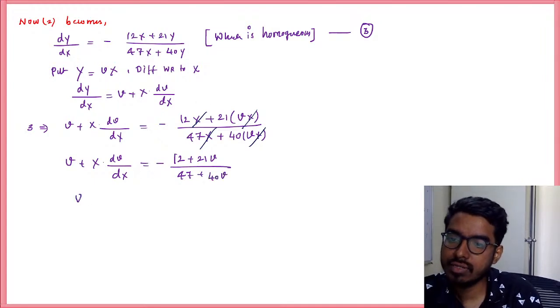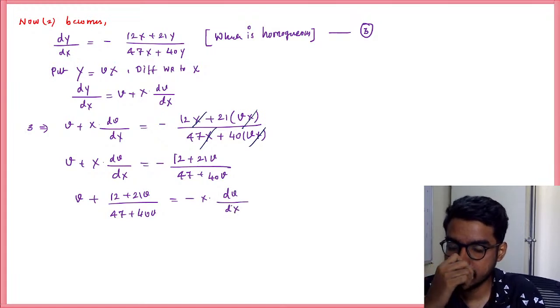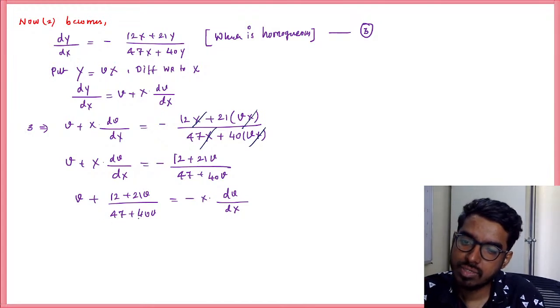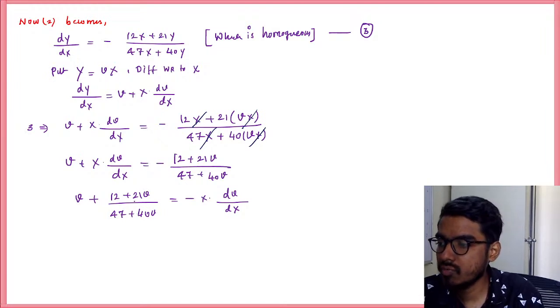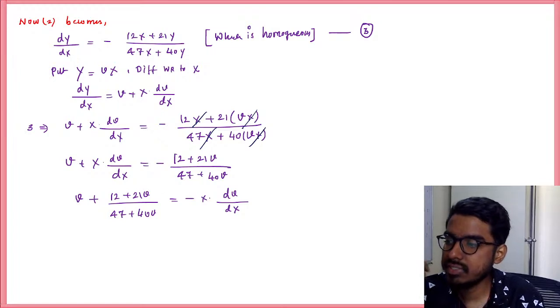Bring this term to that side. So v plus (12 plus 21v) by (47 plus 40v) is equal to minus X into dv by dX. Now simplify this. So you'll have 47v plus 40v square plus 12 plus 21v. Or else you can also bring this v to that side, no problem.